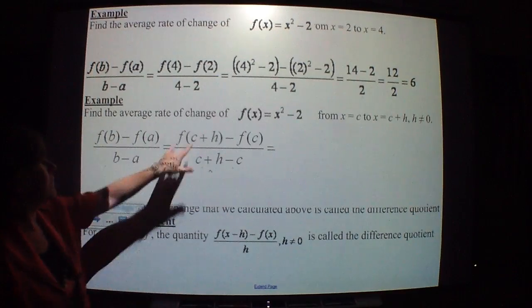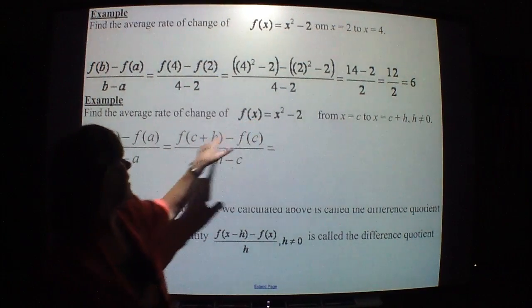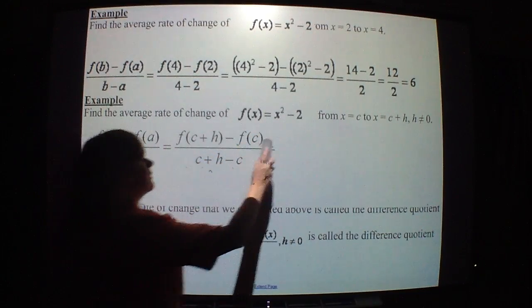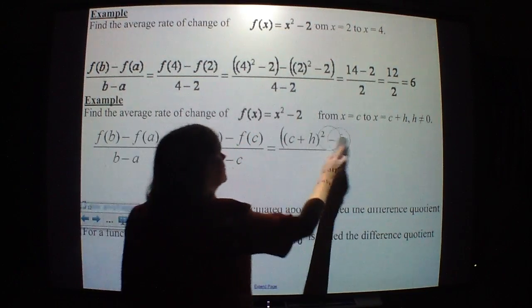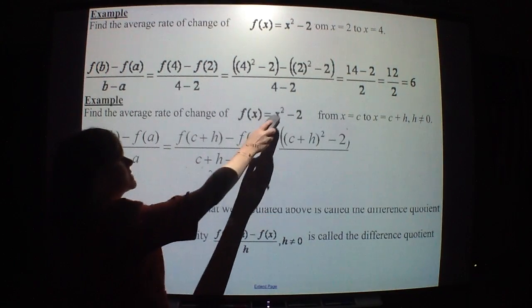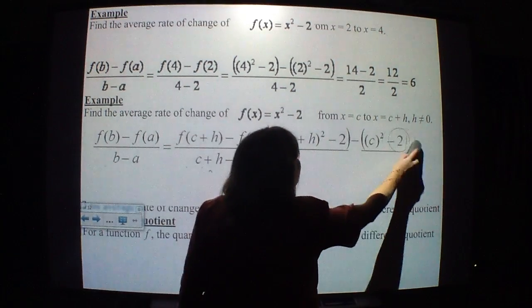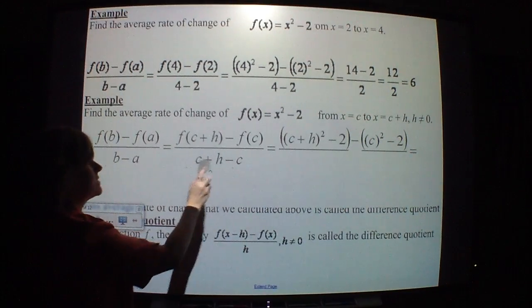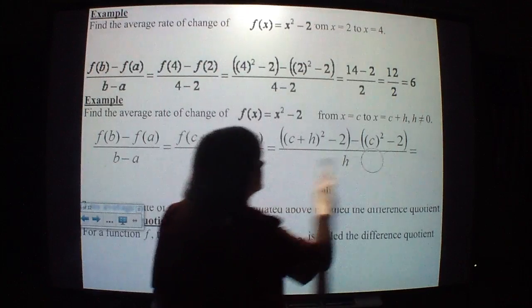So in my f function, instead of x, I'm putting in c plus h. So I have a c plus h quantity squared minus 2. And here I'll just put in a c, so I have c squared minus 2. On the bottom, notice I have a c and a minus c and an h. So the c's cancel out.